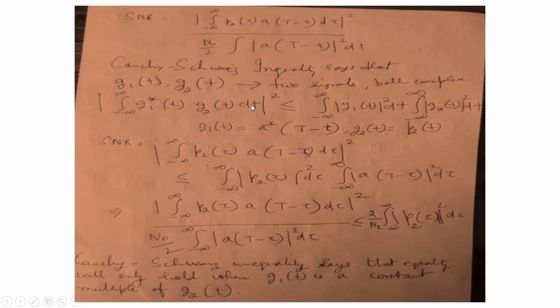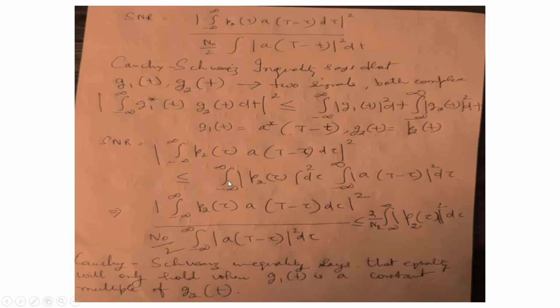After using the Cauchy-Schwarz inequality, we will say that it is less than or equal to the integral from minus infinity to infinity of the magnitude squared of P2(tau) d tau, and the second factor we can take as the integral from minus infinity to infinity of the magnitude squared of A(T minus tau) d tau.